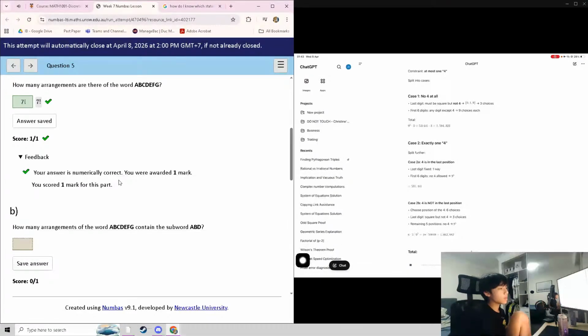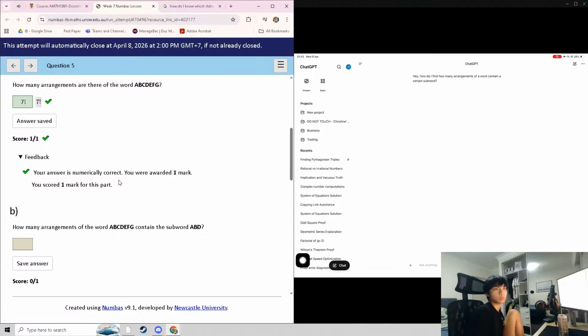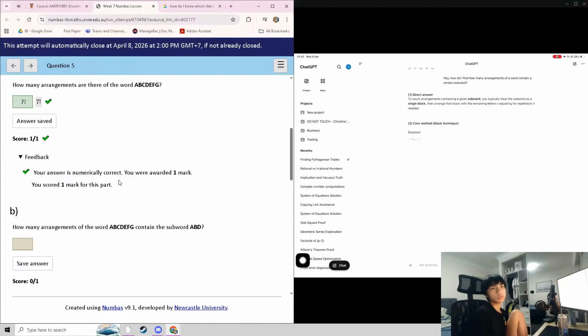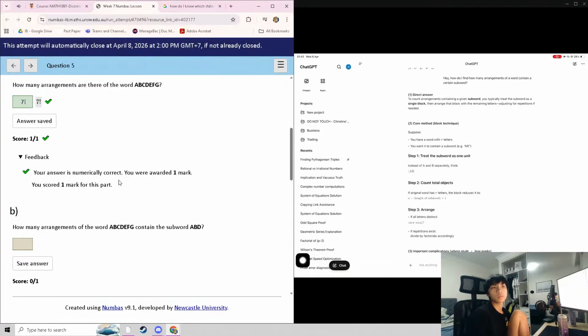Hey, how do I find how many arrangements of a word contain a certain subword? To count arrangements containing a given subword, treat each subword as a single block, then rearrange.